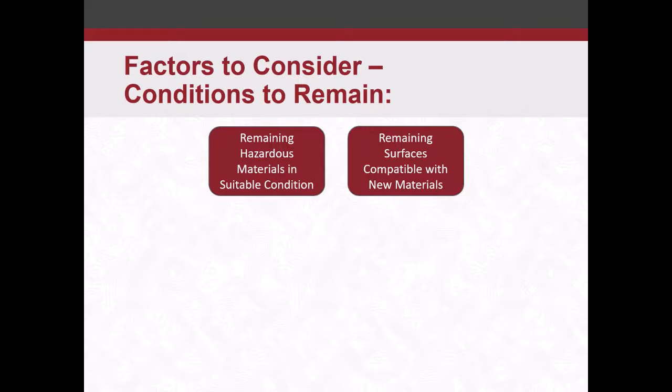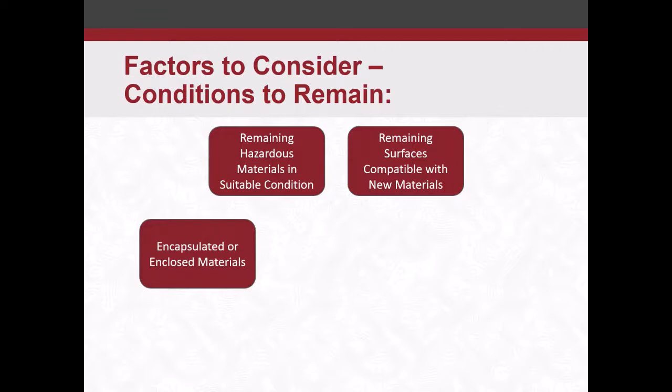You want to make sure remaining surfaces are compatible with new materials. This is common with floor tile and floor mastic. So if you use a mastic remover, are the new adhesives going to be compatible with that mastic remover, or is it not going to work? So you want to make sure that new materials can be installed without any issues, in consideration of the methods you use for the abatement.